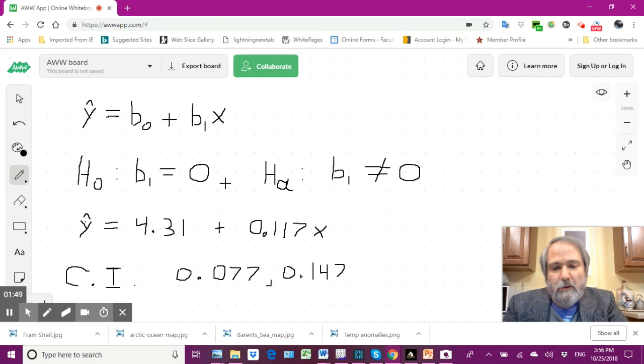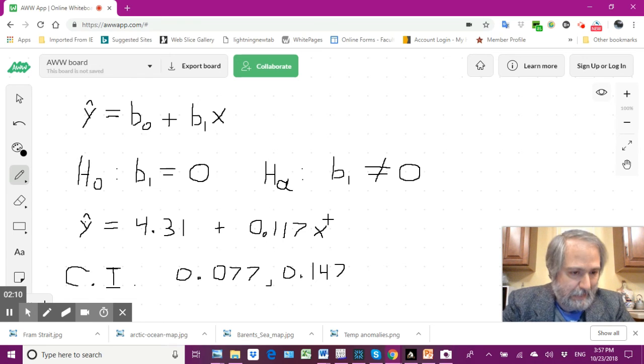Now the question is, okay, you can come up with a regression model. And I wrote one out here for you right here. Y hat is equal to 4.31 plus 0.117 times x. Now the question becomes, okay, we have this value right there. We have the slope of the line.